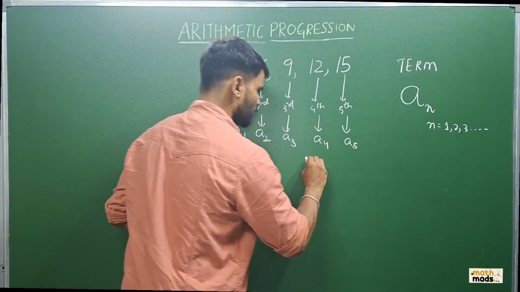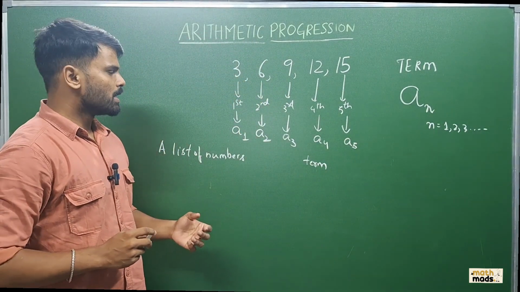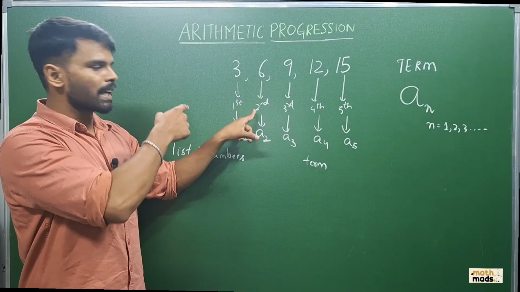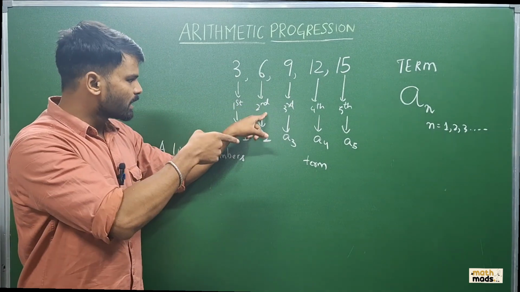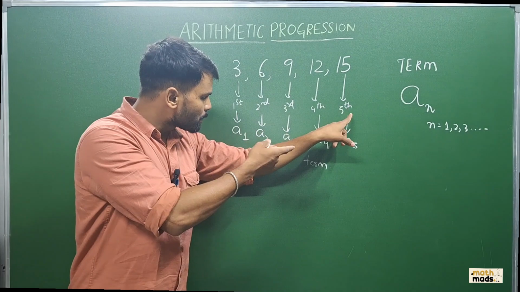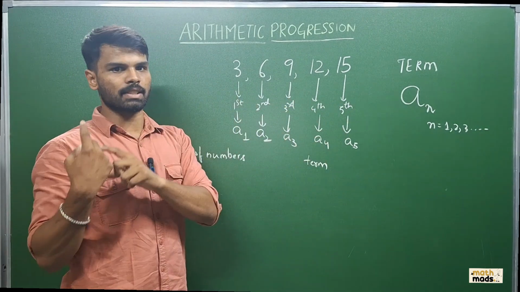How are you obtaining the terms? If you want the third term, you are adding something to the second term. If you want the second term, you are adding something to the first term. In the same way, for the fifth term, you are adding something to the fourth term. You are adding something to the previous term.